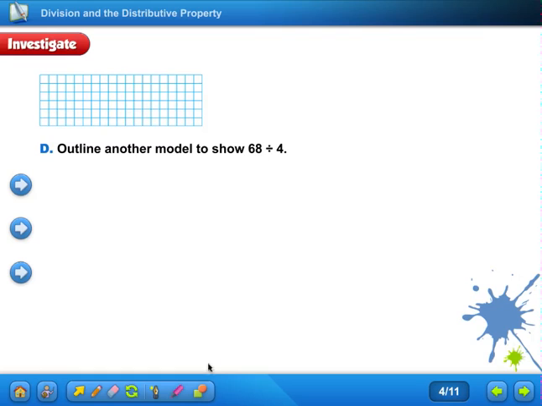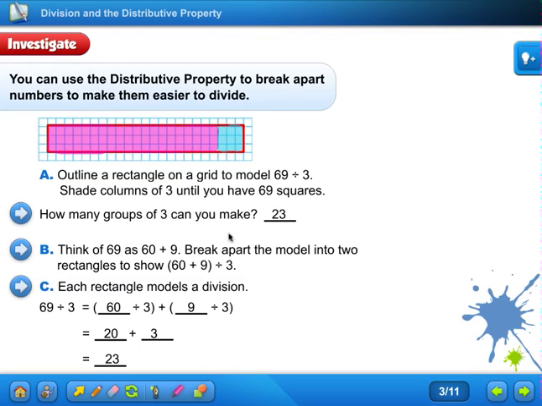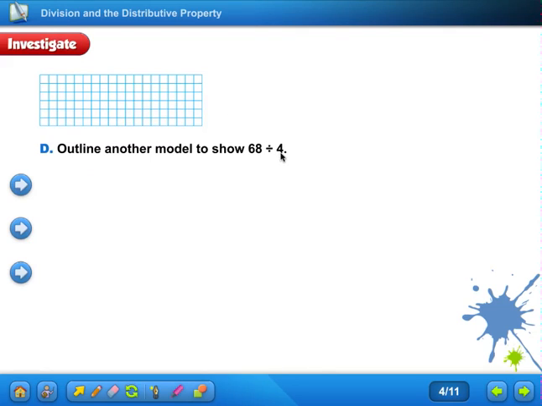68 divided by 4. All right, so instead of 3 down like we did before, this time I'm going to do how many down? 4 down, absolutely. All right, let me get my handy dandy nifty little tool.